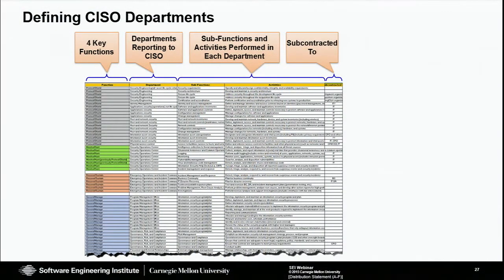We asked the question, okay, what should be done in certain departments, what should be done in certain sub-functions within each department, and as I mentioned a few minutes ago in response to the question we had, we actually did consider which of these tasks or functions or departments could potentially be done by another entity within the organization outside of the CISO organization. That information is available.